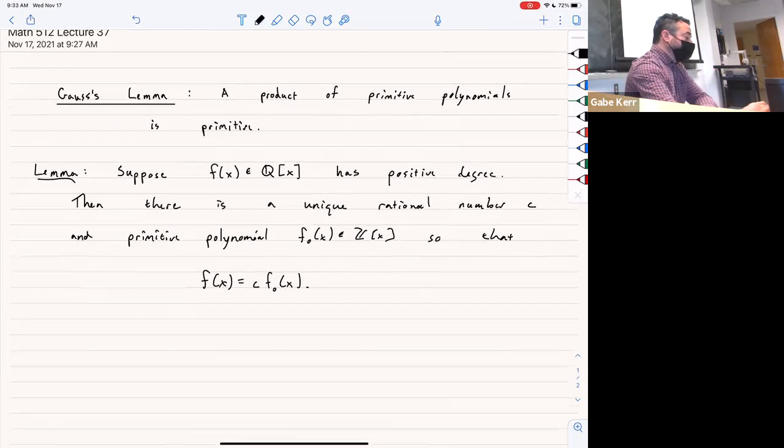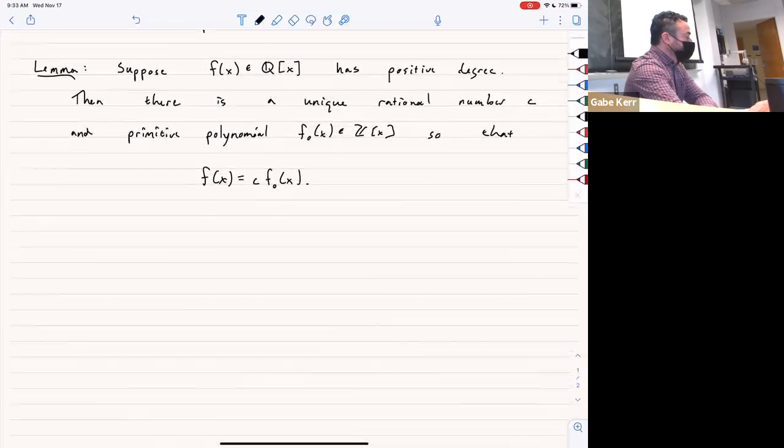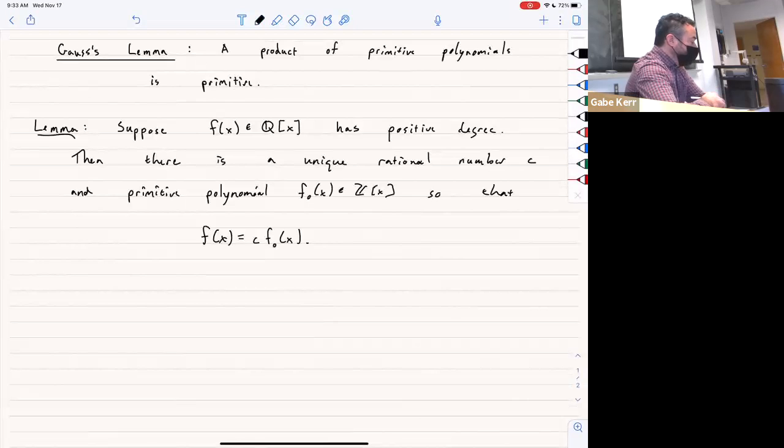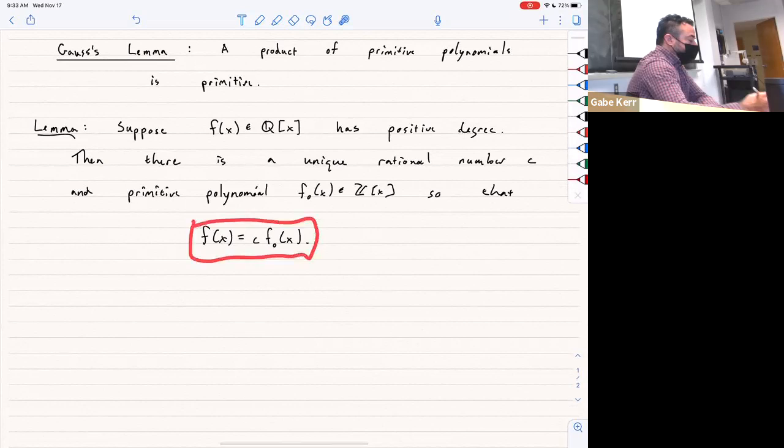Okay, so let's start doing that check and make sure we all agree. Why can I find such a factorization?